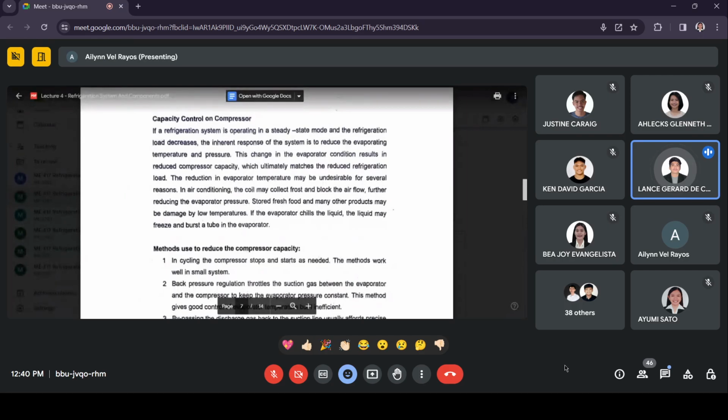The reduction in evaporator temperature may be undesirable for several reasons. In air conditioning, the coil may collect frost and block the airflow, further reducing the evaporator pressure. Stored fresh food and many other products may be damaged by low temperatures. If the evaporator chills the liquid, it may freeze and burst a tube in the evaporator.